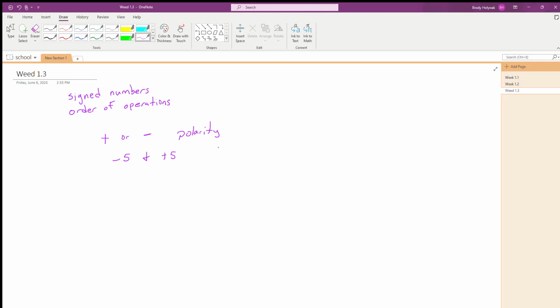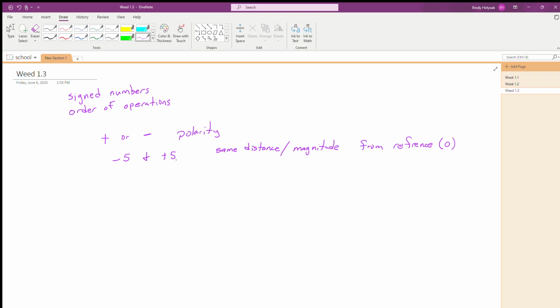When we're looking at values like this, when we have a -5 and a +5, what this means is we have the same magnitude, so the same distance from our reference, which in this case is 0.